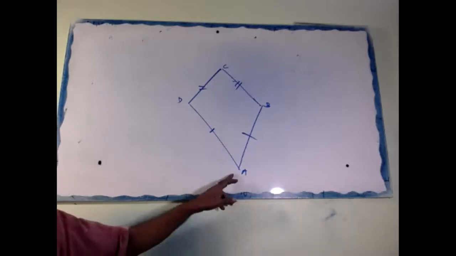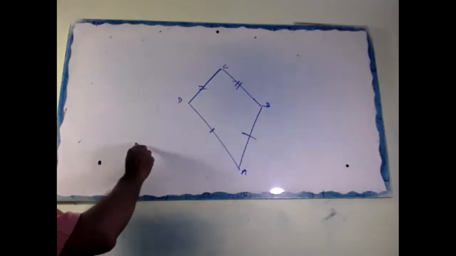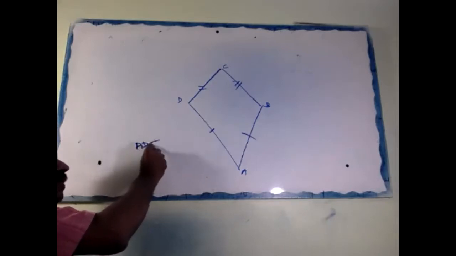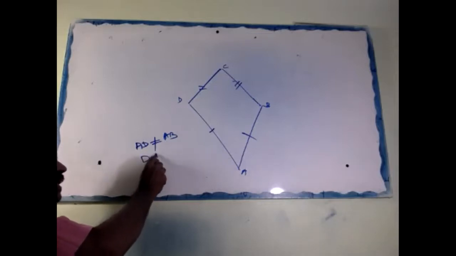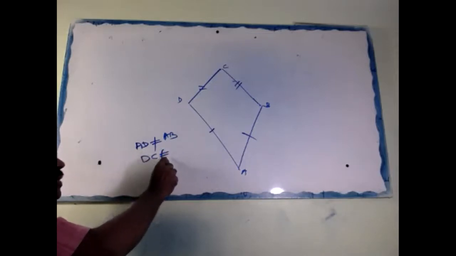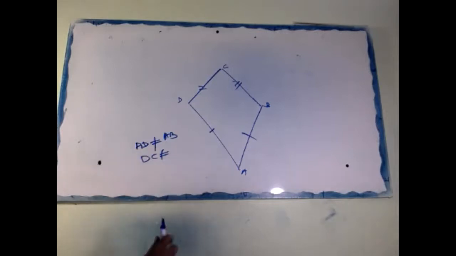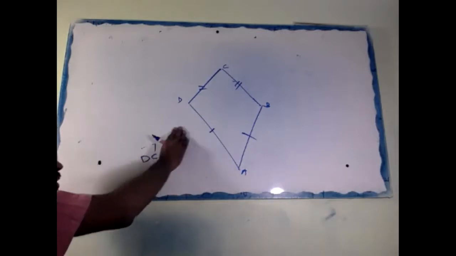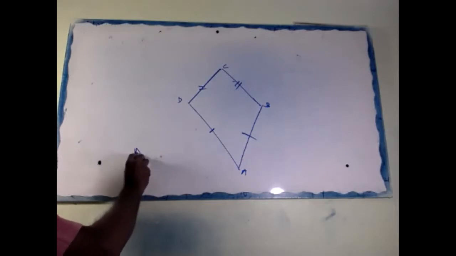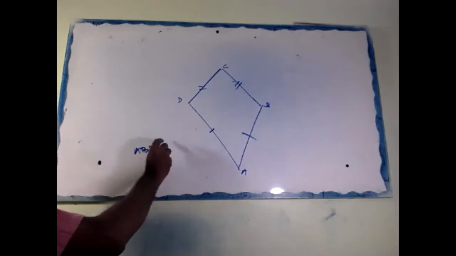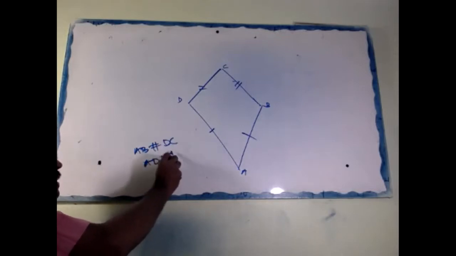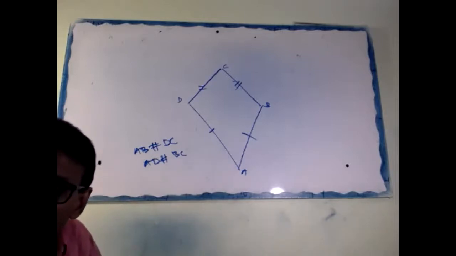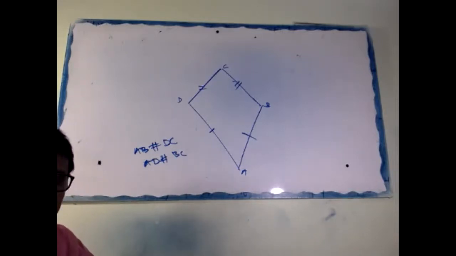But AD not equal to AB. Listen, AB not equal to DC and AD not equal to BC. Opposite sides not equal. Okay, finish all.